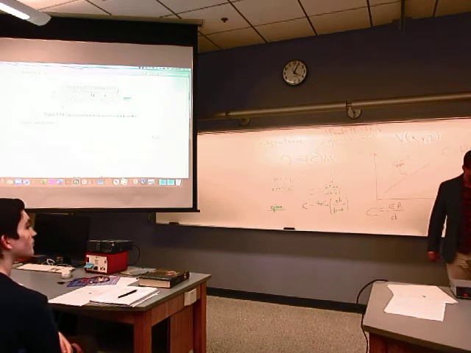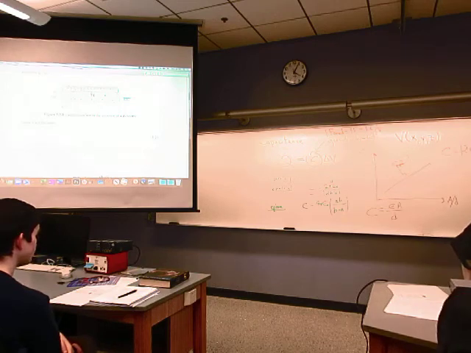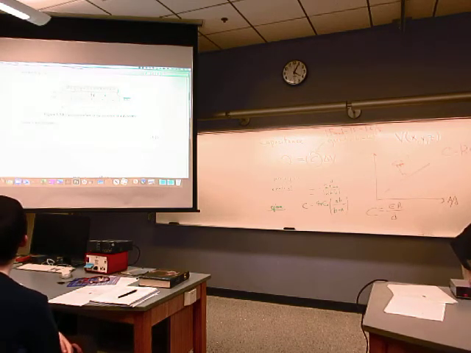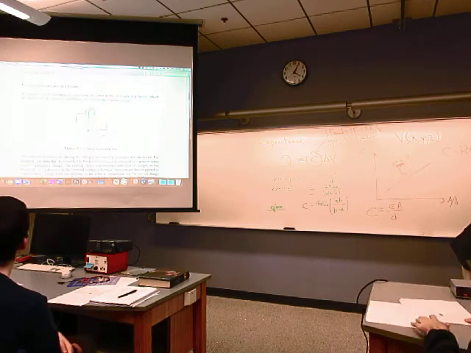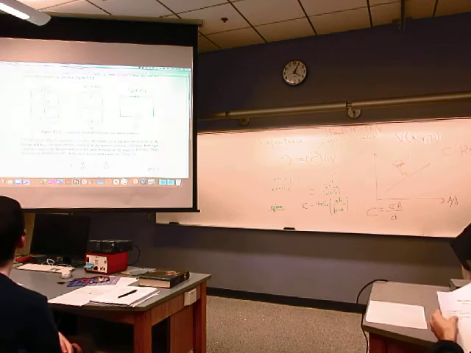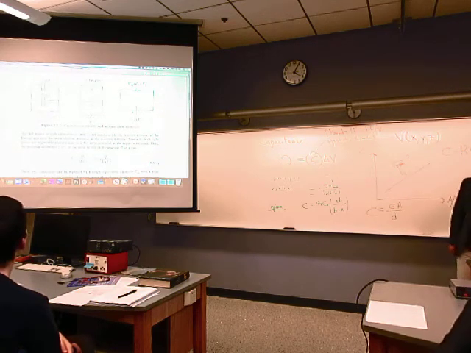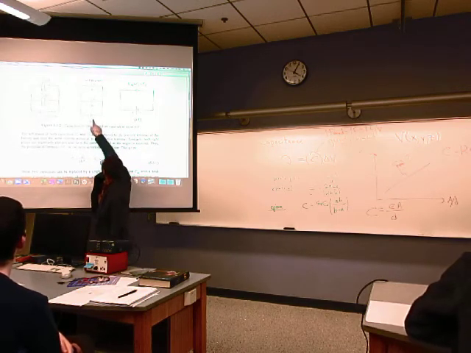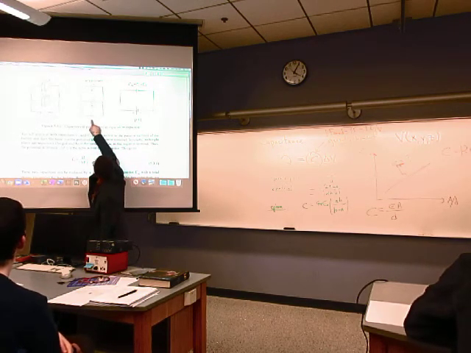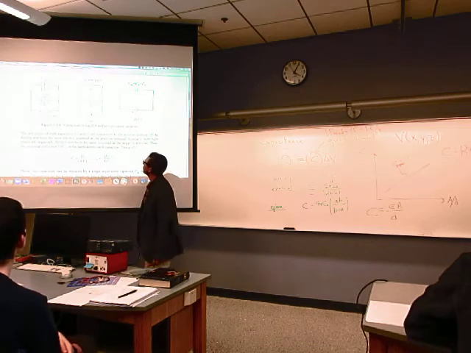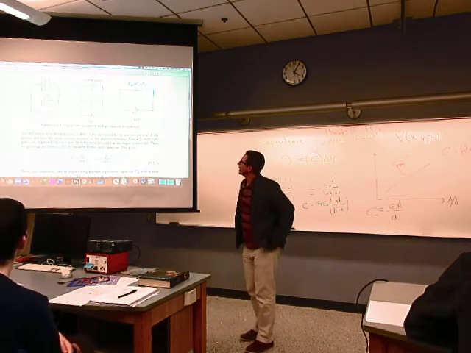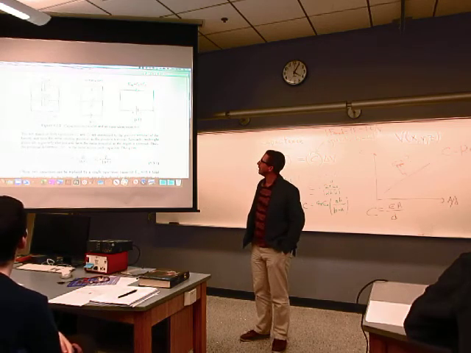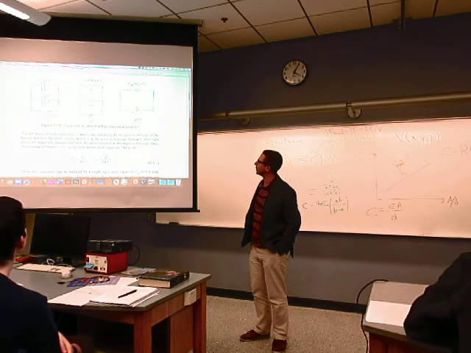One more point here is what happens when you put a bunch of capacitors together, series and parallel. If I put a bunch of capacitors together, the battery is going to charge each individual capacitor such that the potential across each individual capacitor is equal.